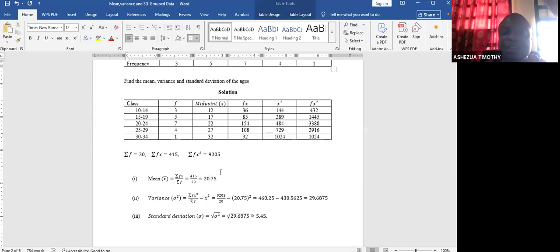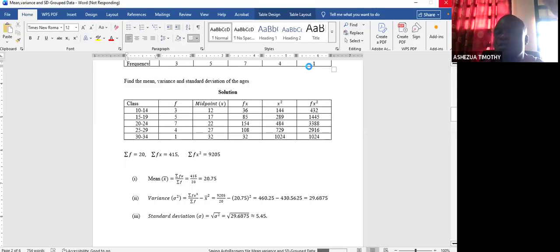For example, if 3, 5, 7, 4, 1 is before me to find the mean, all I need to do is to add 3 plus 5 plus 7 plus 4 plus 1, divide by 1, 2, 3, 4, 5.